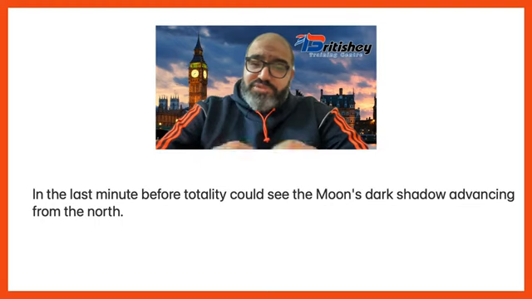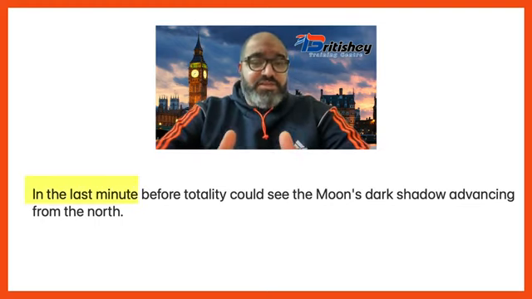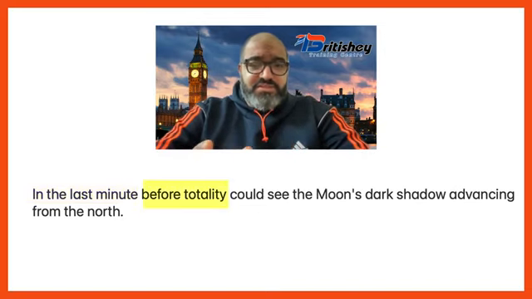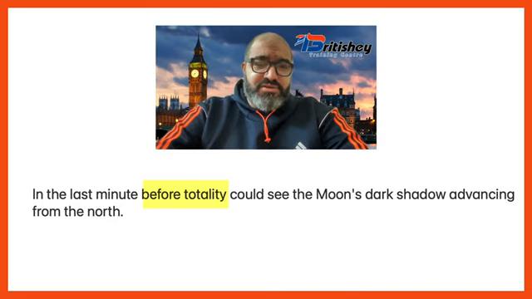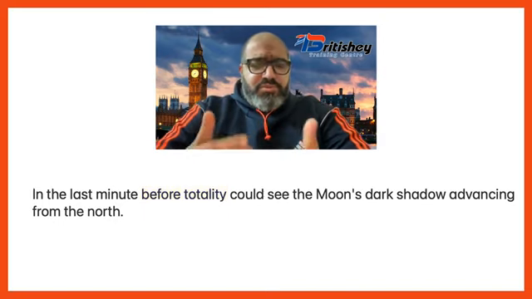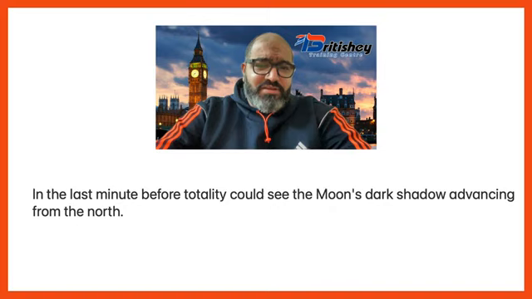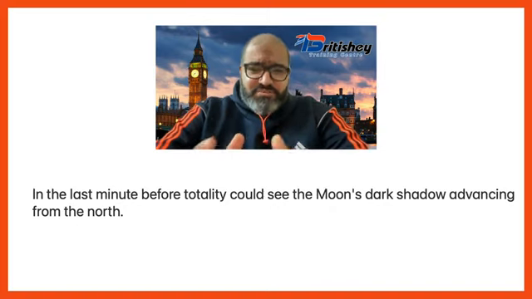Totality, that's an object of the preposition. So in the last minute, that's an object of the preposition in. Before totality, totality is an object of the preposition before. And then when we continue reading, we have could see, that's a verb, which means that this verb has no subject.